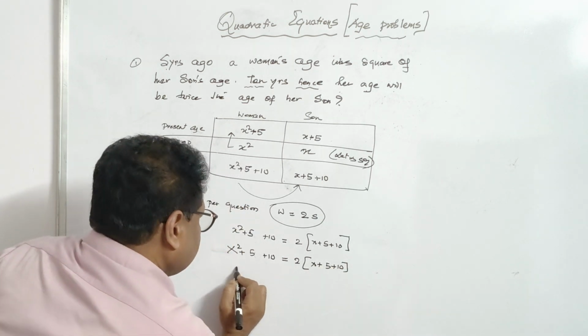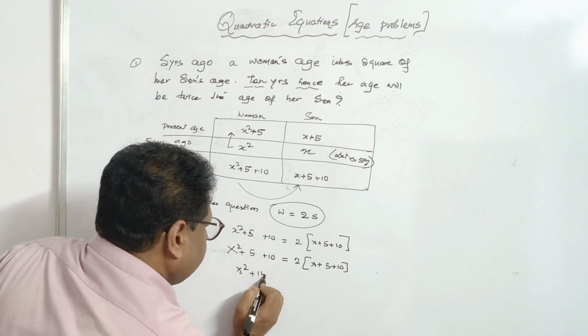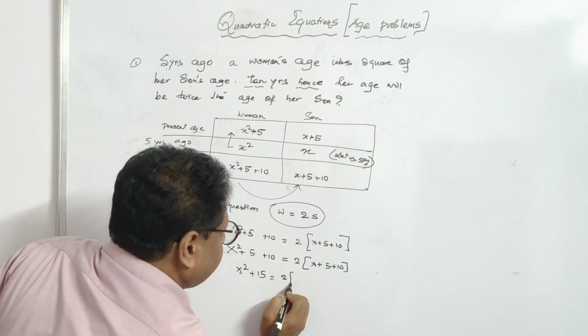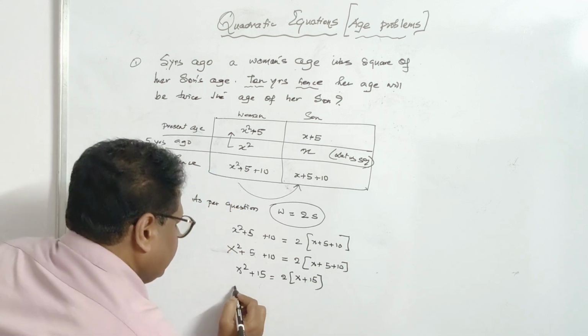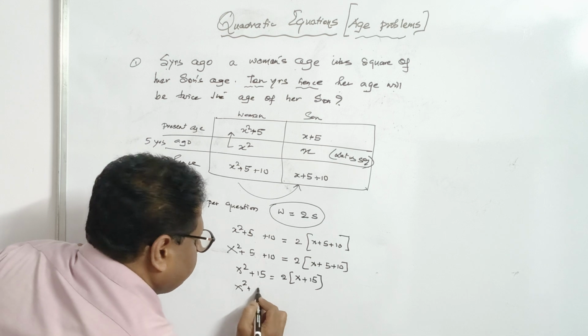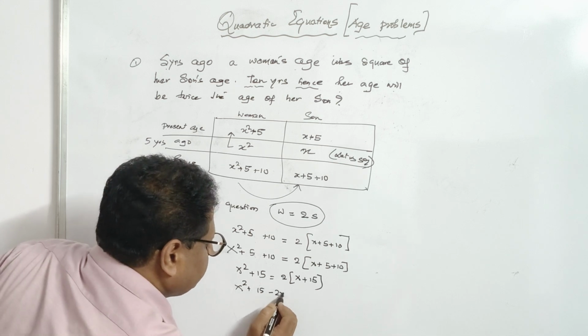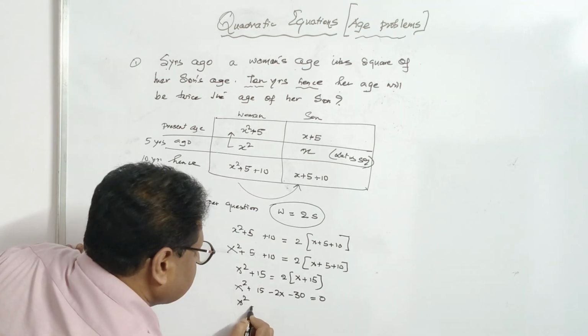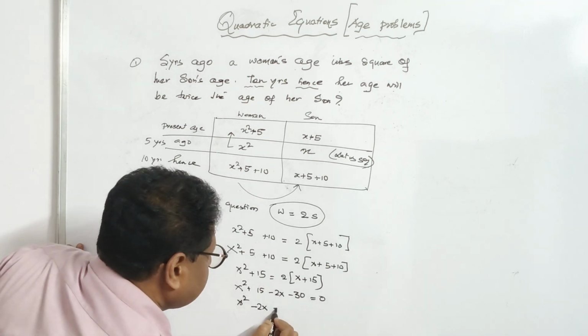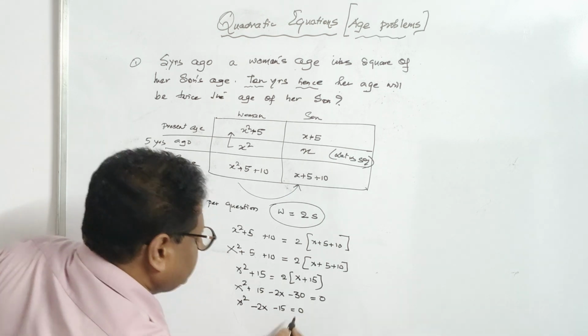So this comes to x square plus 15 equals 2 times x plus 15. So we have the equation x square plus 15 minus 2x minus 30 equals 0. That brings x square minus 2x minus 15 equals 0.